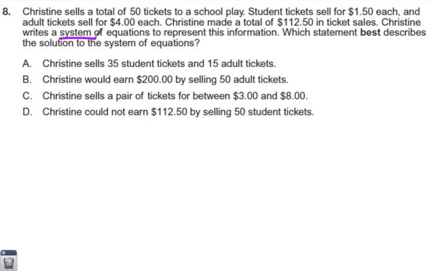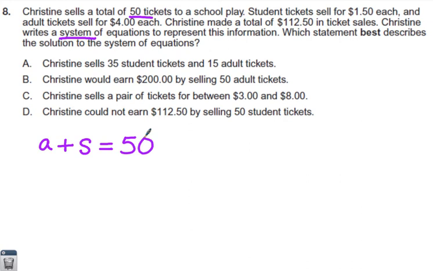So here we go. If S is my unknown number of student tickets and A is my unknown number of adult tickets, well, I know there was 50 tickets total, so A plus S should add up to 50.